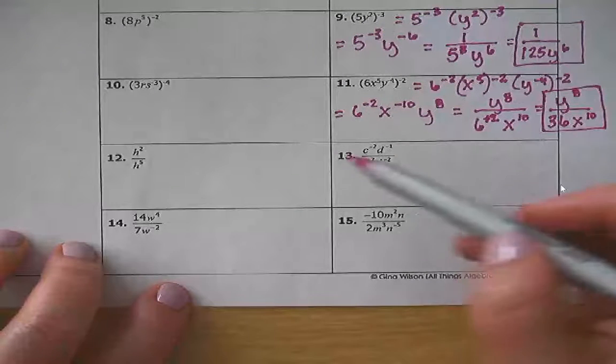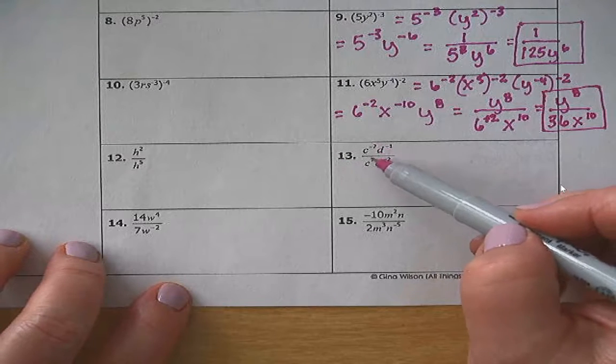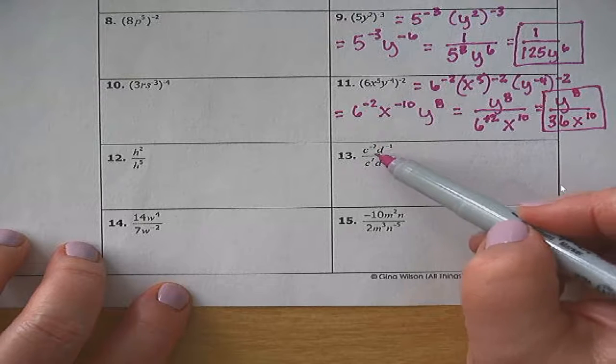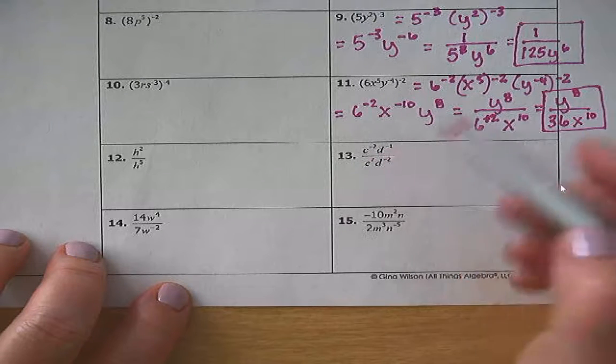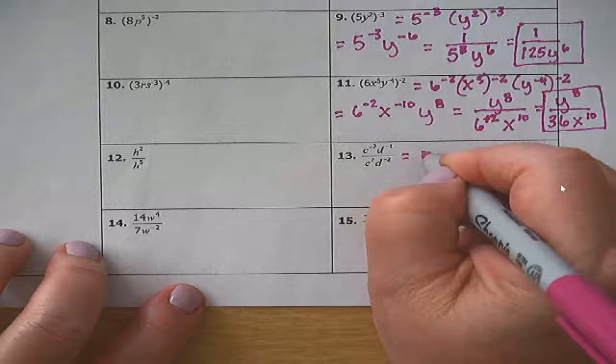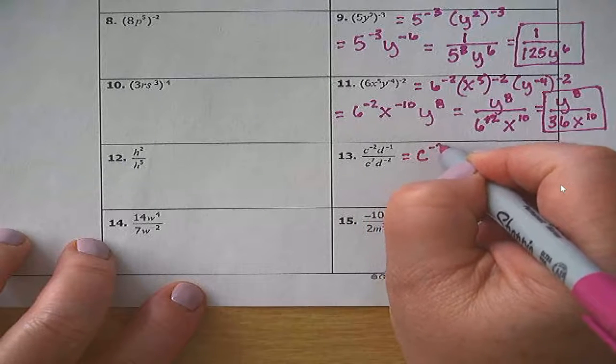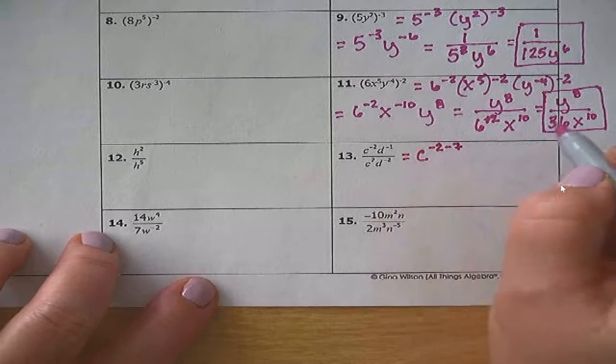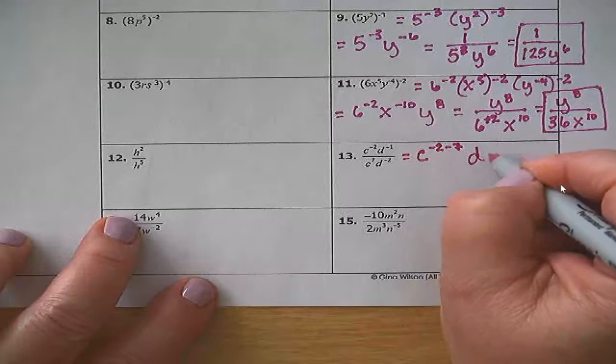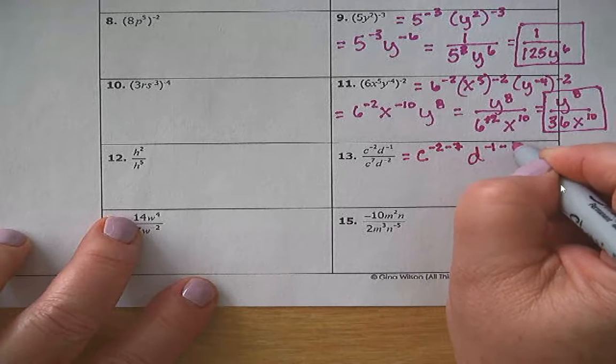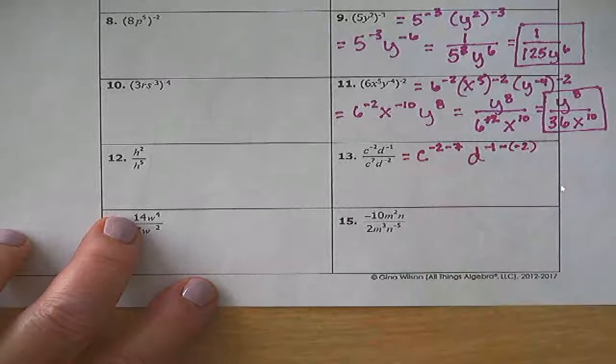For number 11, I'm going to first apply the quotient rule, which says when you divide, subtract your exponents. So for C, I'm going to do negative 2 minus 7 on my exponents. And for D, it will be negative 1 minus a negative 2. I'm going to write that out just to be very careful.